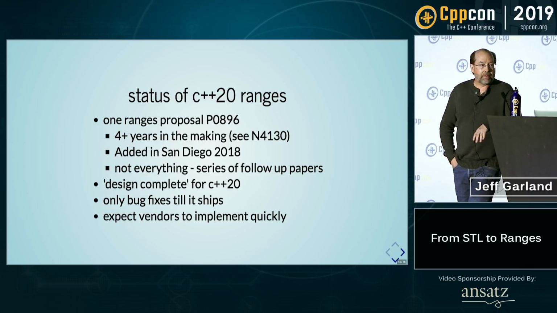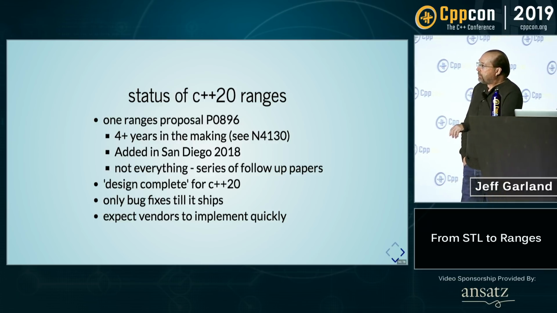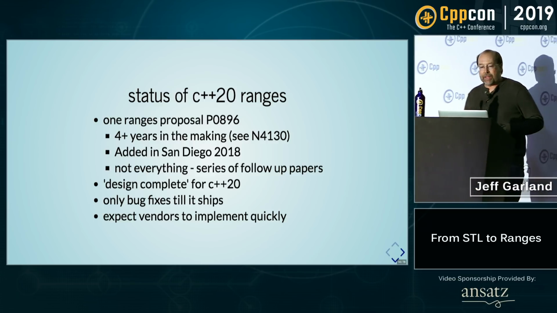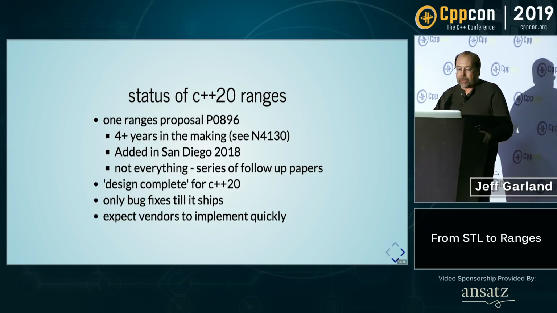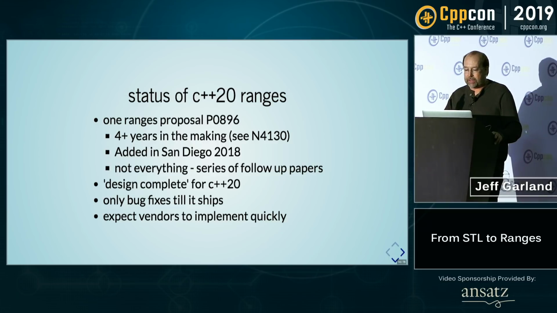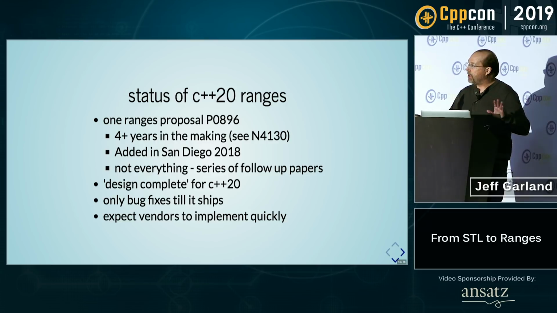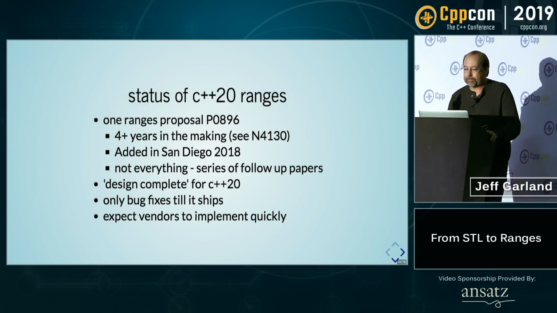It really had been multiple years in the making. And that was not everything. There were a series of follow-ups, including changes that went into the Cologne meeting about a month and a half ago. But as I said, we're design complete, and only bug fixes in the next year and change before the final stamp goes on C++20.